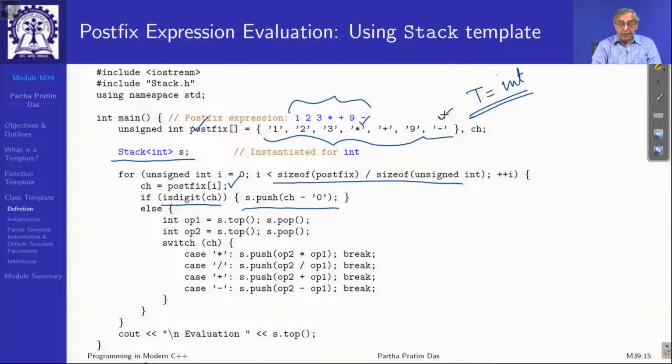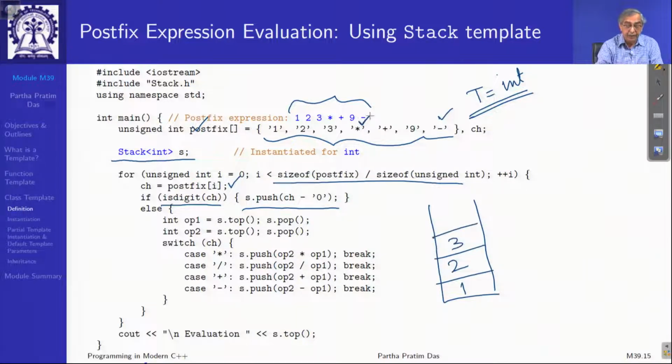So, as I go ahead, I will have 1 going in first, 2 going in next, 3 going in next, and then I will have this operator, and when I get that, I will take the top of the stack, which is 3, and take it out, because I know that this multiplication has to happen with the two topmost literals that I have in the stack.